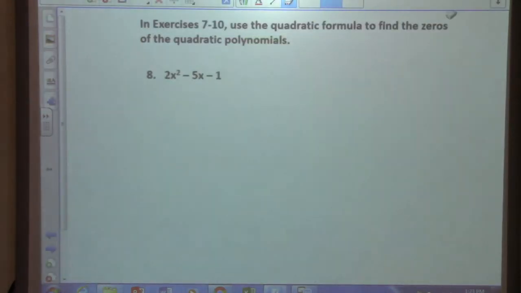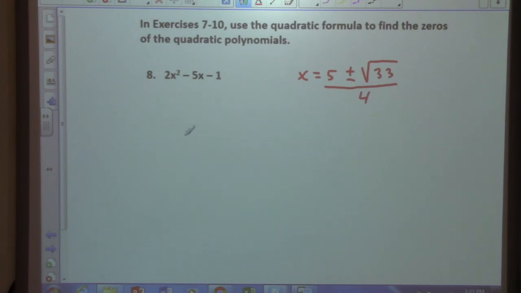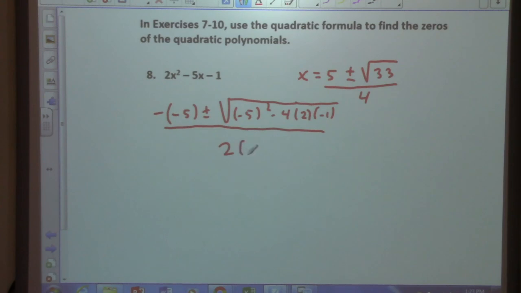X equals 5 plus or minus the square root of 33 over 4. That's what I got. Okay, so I'm just going to back off. We're going to have negative negative 5 plus or minus square root of negative 5 squared minus 4 times 2 times negative 1, over 2 times 2.